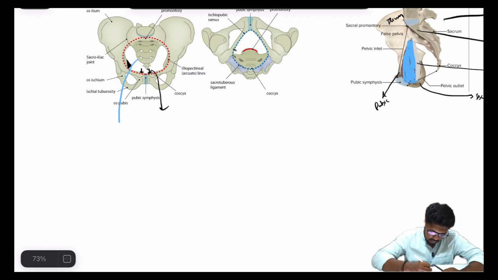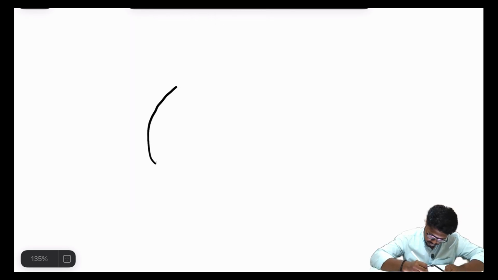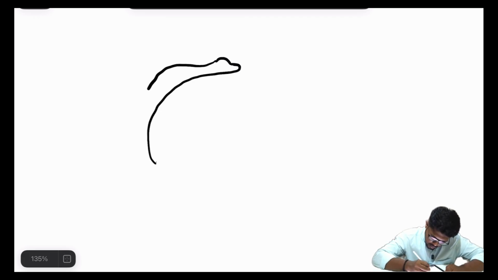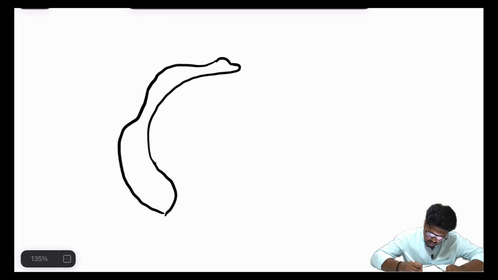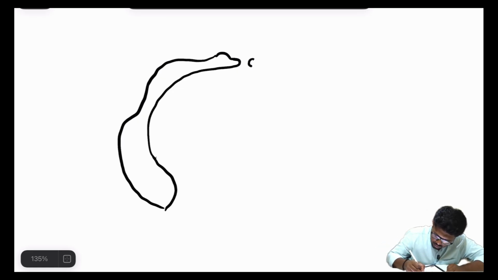Now we'll draw this pelvic inlet part in a schematic diagram. So I'm making the hip bone, just schematically.